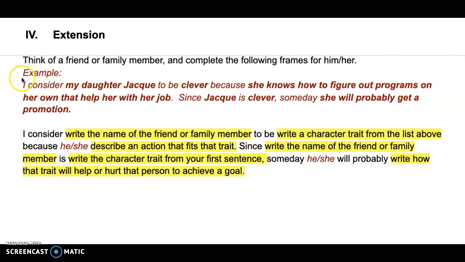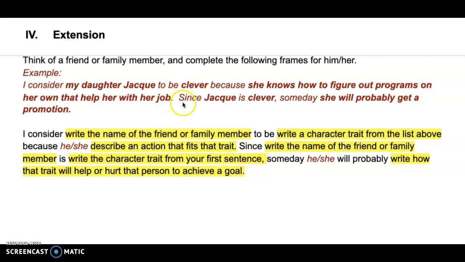So let's look at the example. I chose my daughter Jackie as my family member. I consider my daughter Jackie to be clever. Clever is a character trait from the list. Because, and now I need to give an action that shows that she's clever. She knows how to figure out programs on her own that will help her with her job.